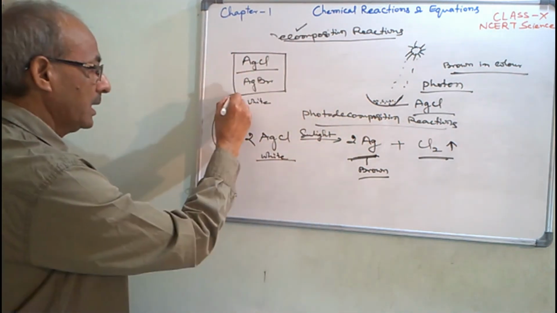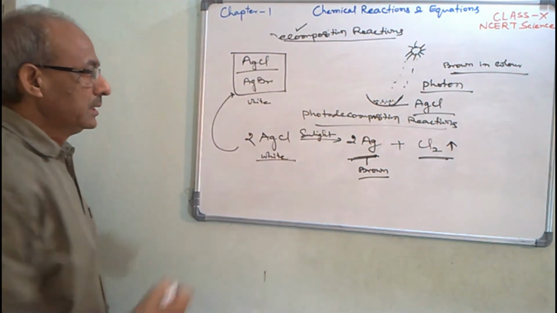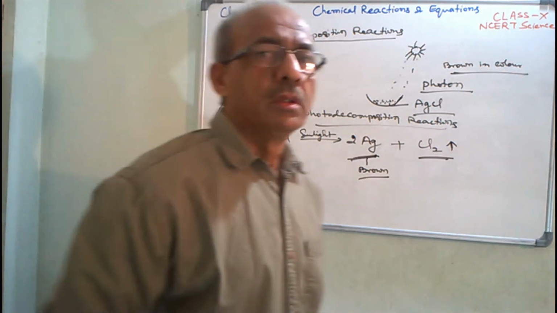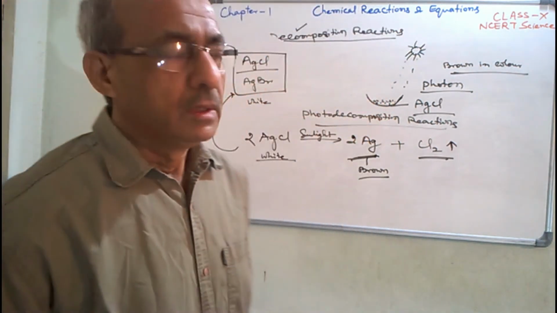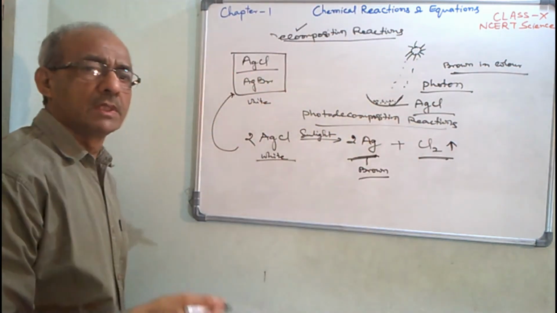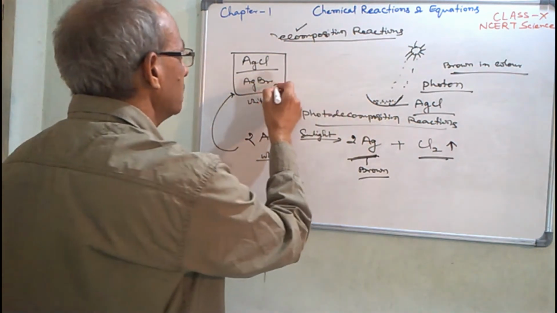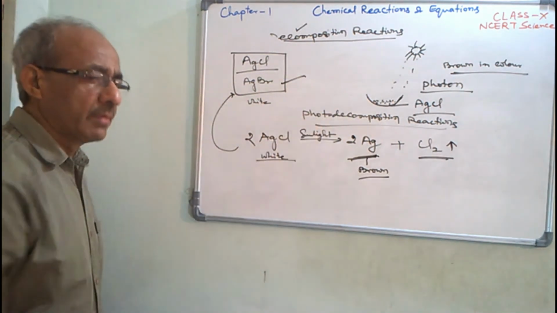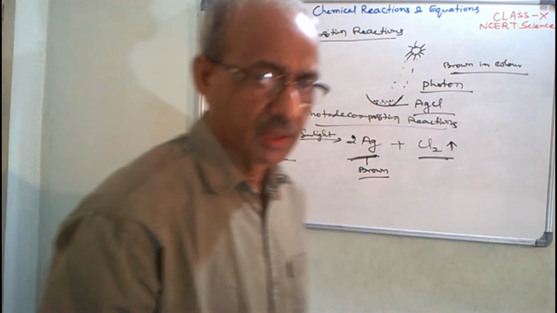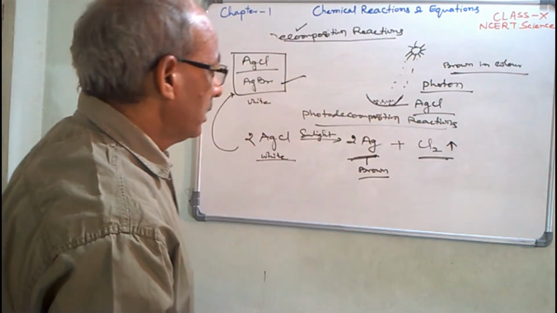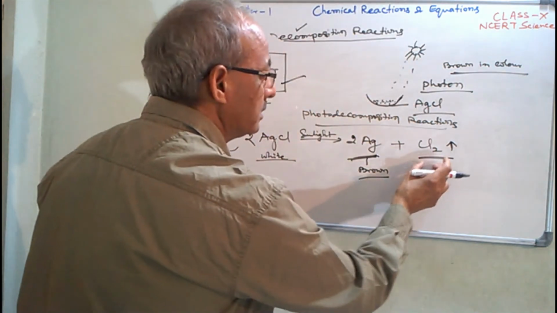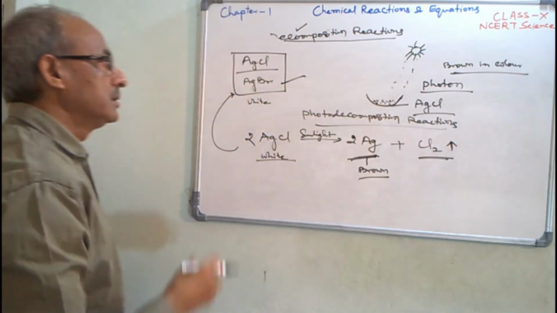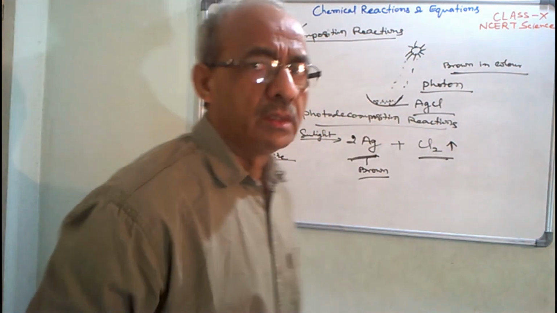Similarly, the same happening takes place in the case of silver bromide. In place of silver chloride, if you take silver bromide, the same chemical reaction takes place. In lieu of chlorine gas, in that case bromine gas will be evolved.